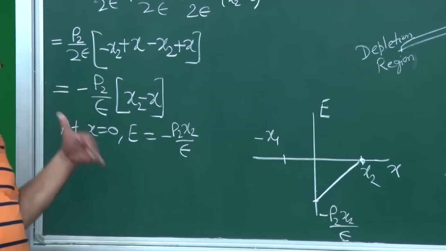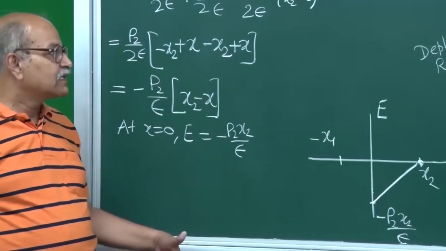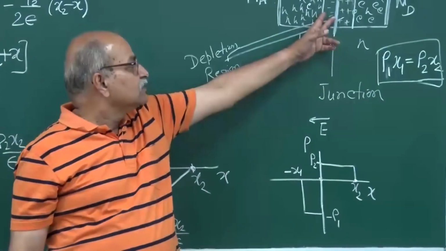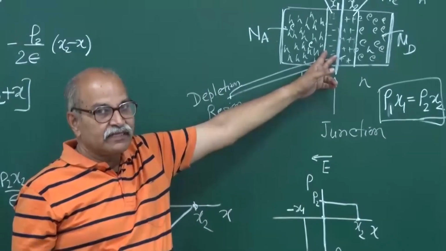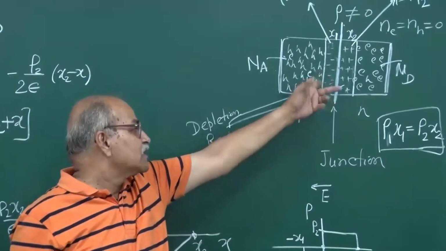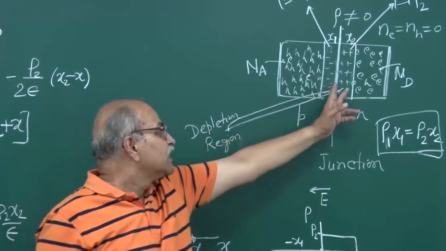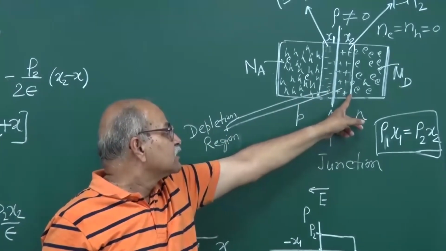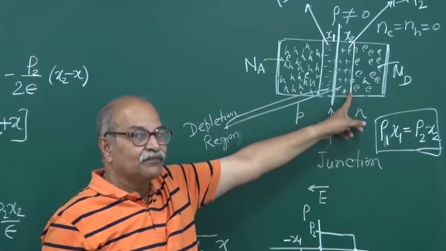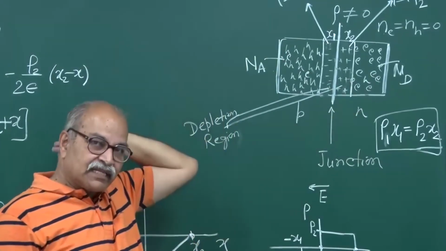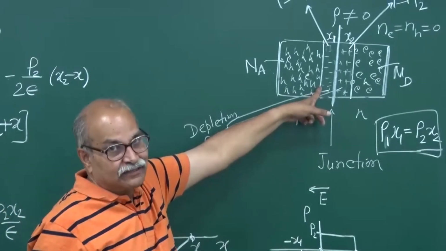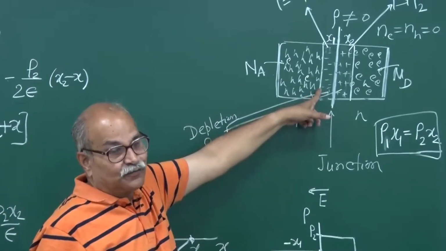You can do a similar calculation for the electric field in this other region, and you can just guess what it will be. When I did this, I got the electric field at x equal to x2 as 0. Do an exactly similar analysis and you will get the electric field at x equal to minus x1 as 0.